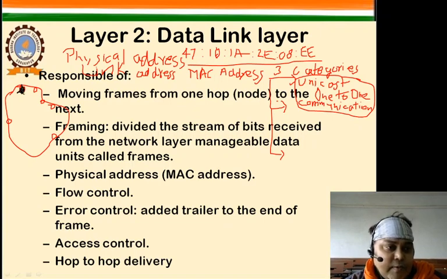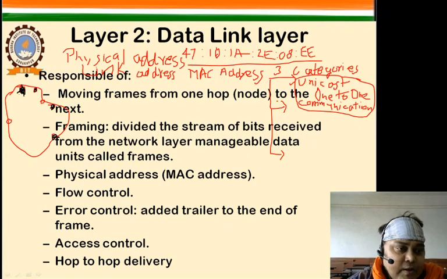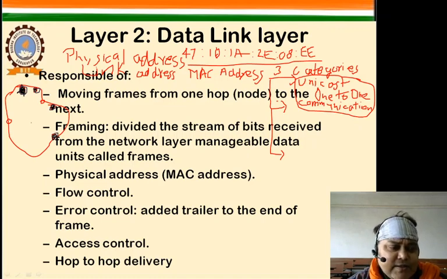The black color denotes different devices. This is one communicating device, this is another communicating device, this is the next, this is another communicating device in this network.